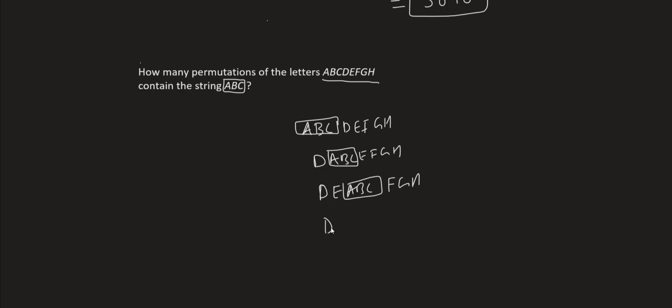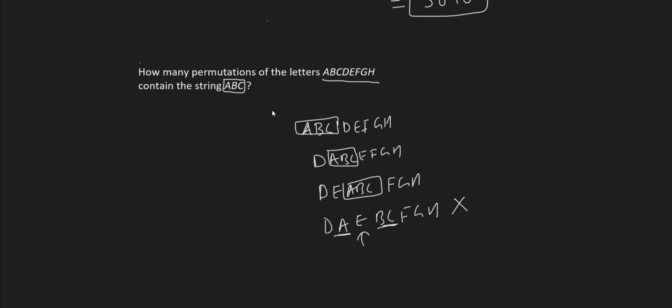But if you look at this example, A, then E, then B, C, F, G, H, this will be a wrong permutation. This is not what we are looking for, because these are separated from each other. All we want is that A, B, C should remain fixed.